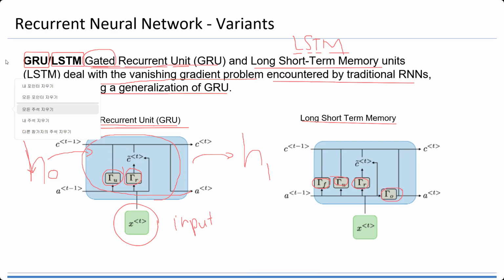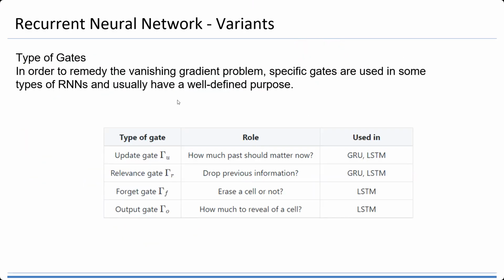So what are those gates? In order to remedy the vanishing gradient problem, specific gates are used in some types of RNN and usually have a well-defined purpose. If it is gate U, it is the update gate.